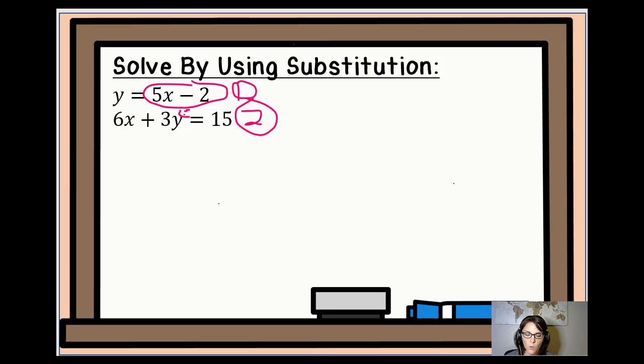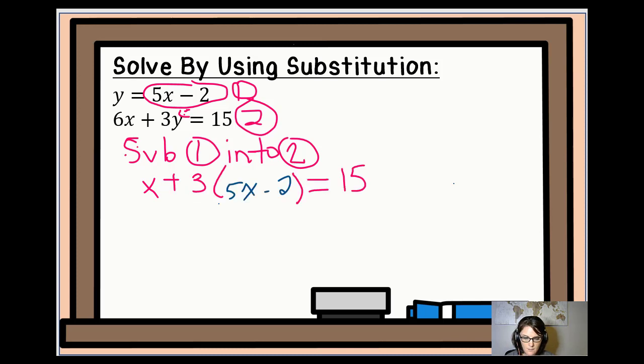So I'm going to sub 1 into 2. So I'm going to rewrite this as 6x plus 3 times 5x subtract 2 equals 15. Okay, so now I can simplify. So I'm going to write 6x plus, and I'm going to distribute the 3 through to both terms inside the brackets there.